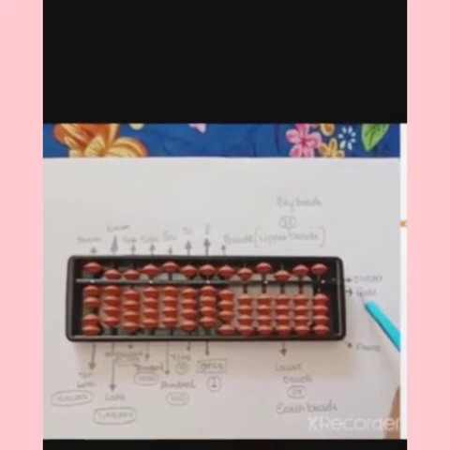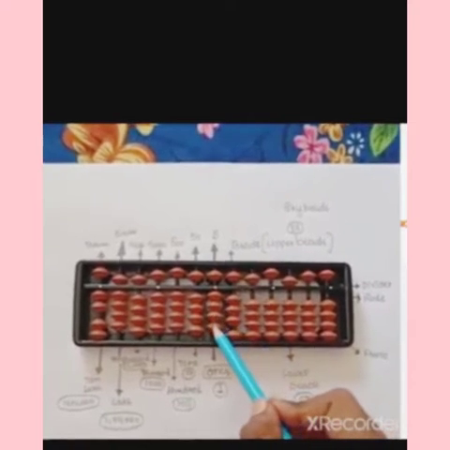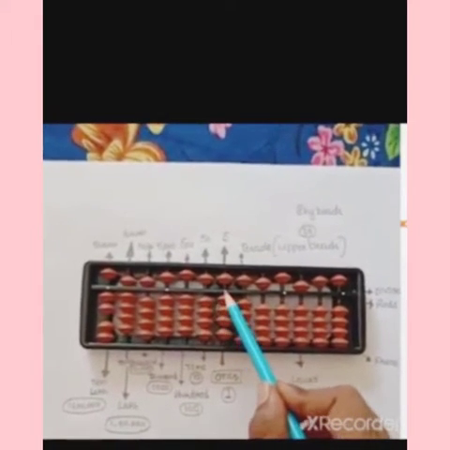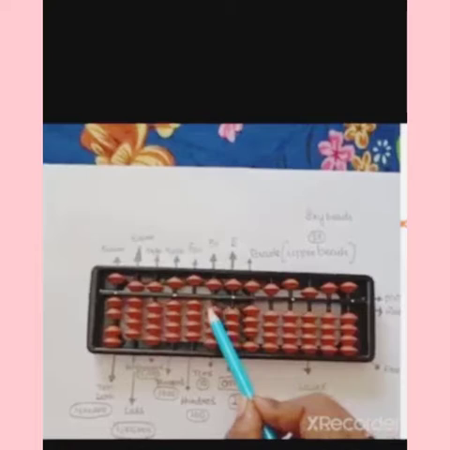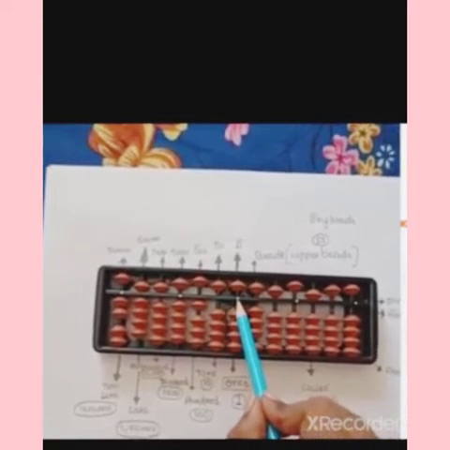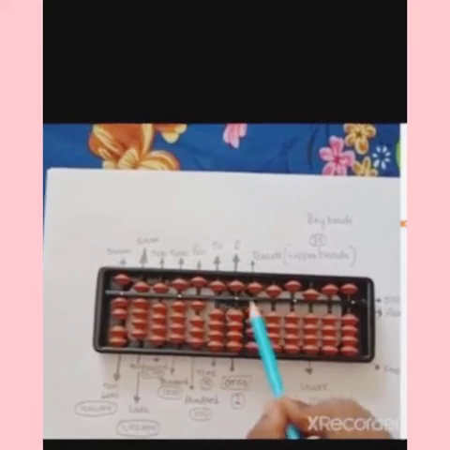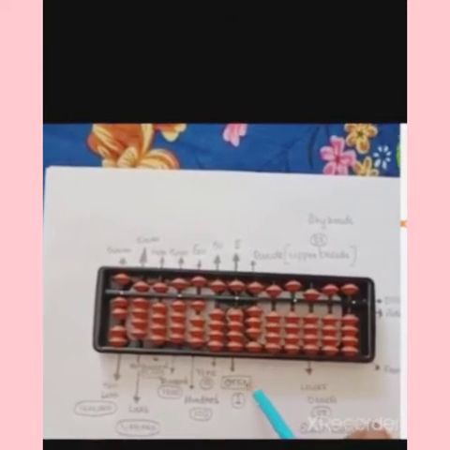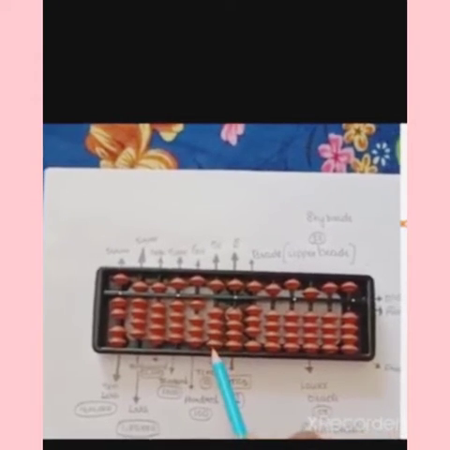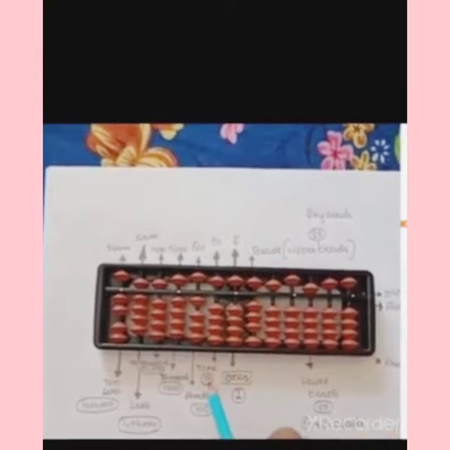Okay, here when you are going to calculate or count the numbers, you need to start with the middle point, that is the unit place. This point is called the unit place or ones place, and the next place value is called the tens place.